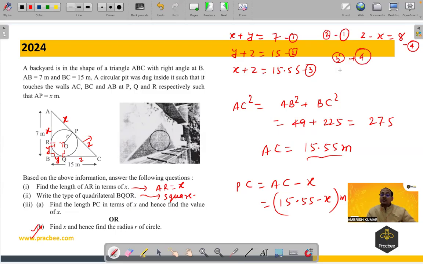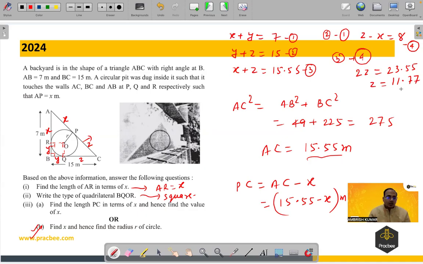If we add these two equations, x got cancelled, negative x, positive x, 2z equals 15.55 plus 8, that is 23.55. So the value of z we get as 11.77.